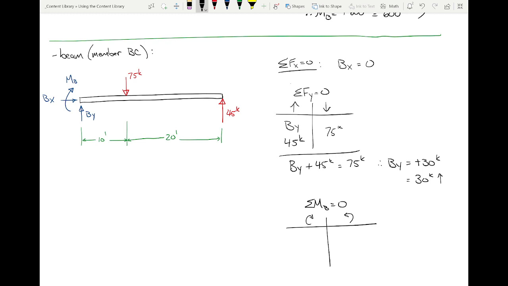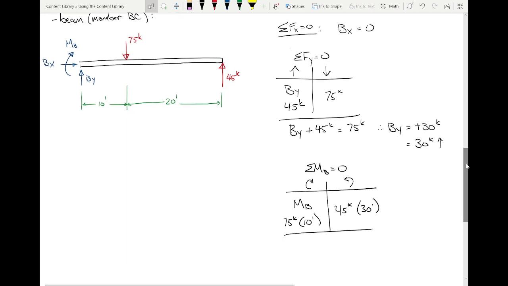MB, like this, 75 times 10, and then 45 times 30. Now what's 45 times 30? 45 times 20 is 900, plus another 450 is 1350.